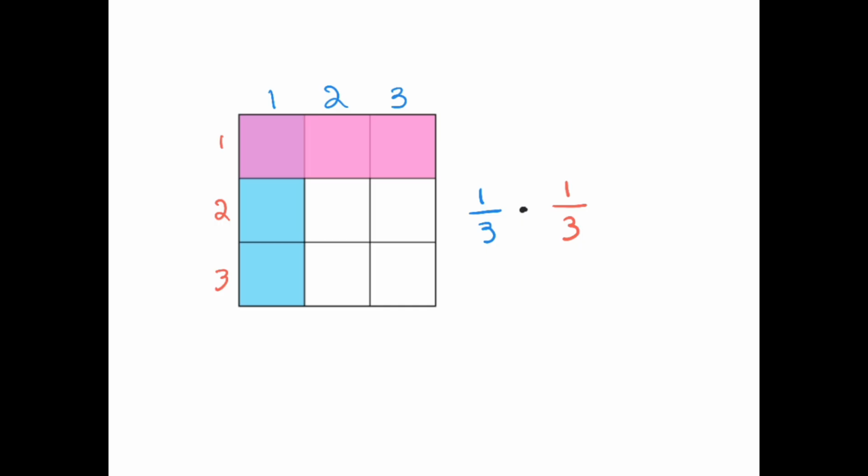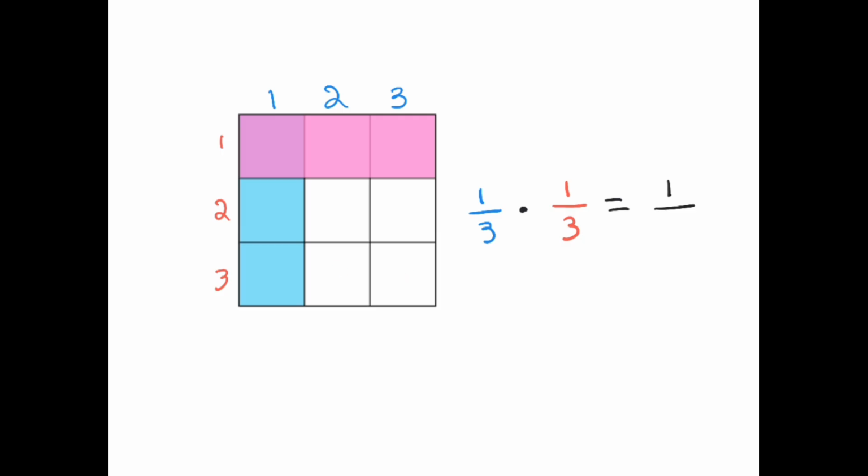Then let's find the product by reading the model. How many are overlapping? We have only one overlapping with that pink and blue to make purple. So our numerator is 1. Then we have to ask ourselves, how many little squares do we have all together? So 1, 2, 3, 4, 5, 6, 7, 8, 9.